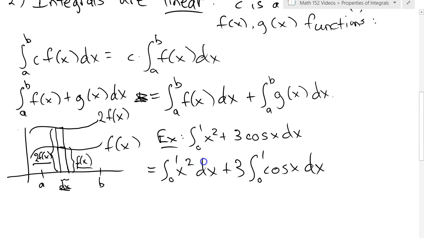Okay, so what's next? Well, this is kind of an application, I would say, but you can find areas between curves. This is property number 3. It's kind of an application, but I'll call it property. Area between two curves.